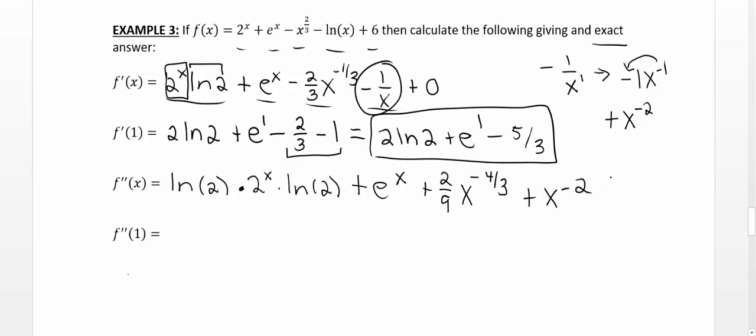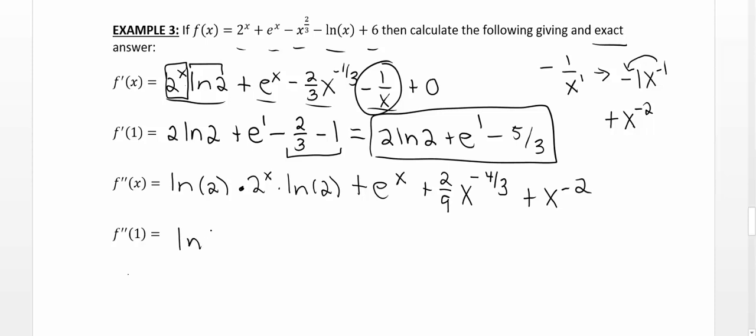So here I have my second derivative, and what I want you to notice is that in the first term, I have a natural log of 2 times another natural log of 2, all within that first term. So I can write that as the natural log of 2 squared, because when I plug in a 1 here, I'm still looking for an exact answer.